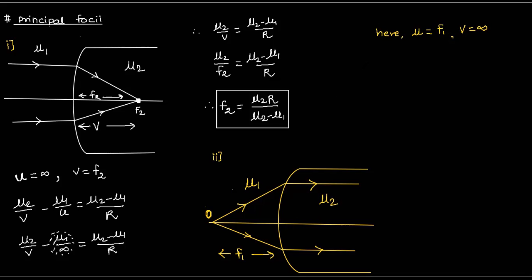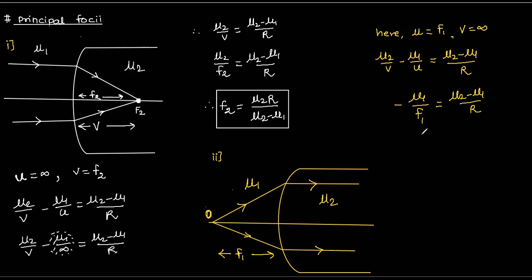So let's use the formula again. What is our formula? Mu2 by v minus mu1 by u is equal to mu2 minus mu1 divided by r. Now v is infinity, so this is 0, minus mu1 divided by u, which is f1, is equal to mu2 minus mu1 divided by r.